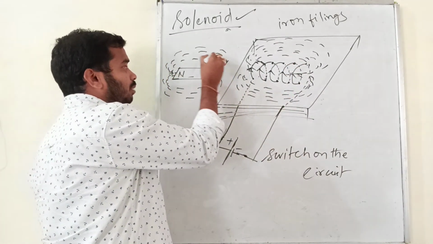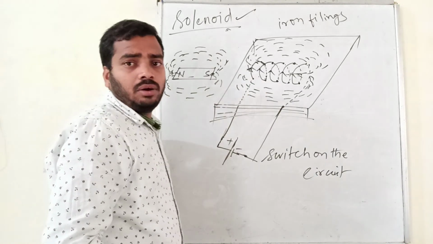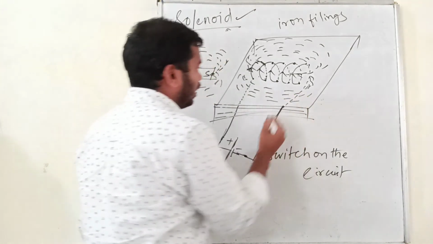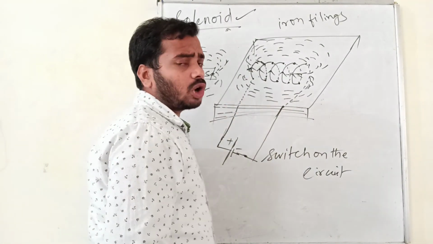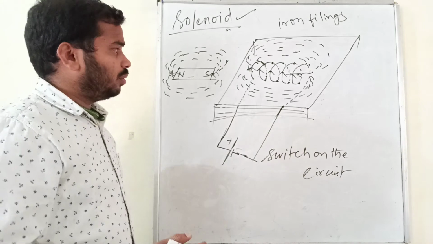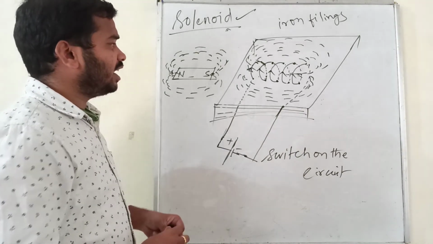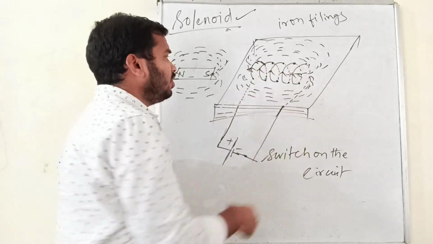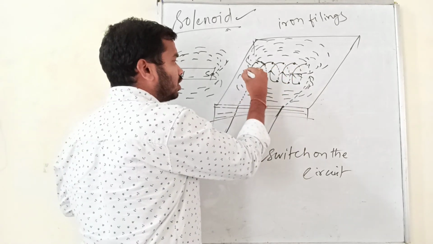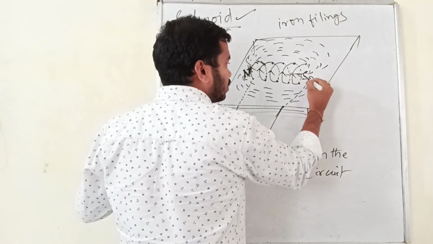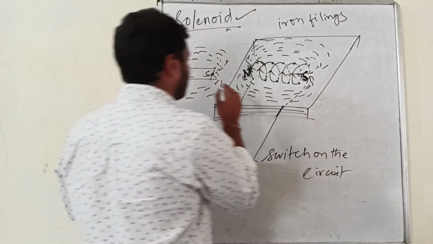You can observe it near the bar magnet even. So here, to find the north and south poles of the solenoid, there is a simple technique. You arrange your fingers in the direction of the electric current, and your thumb will show you the north direction, and the opposite end would show you the south direction.